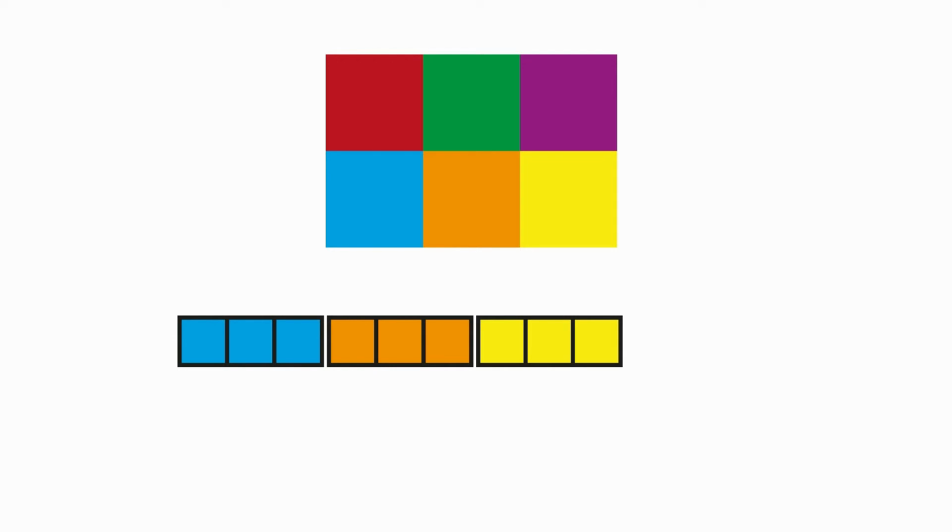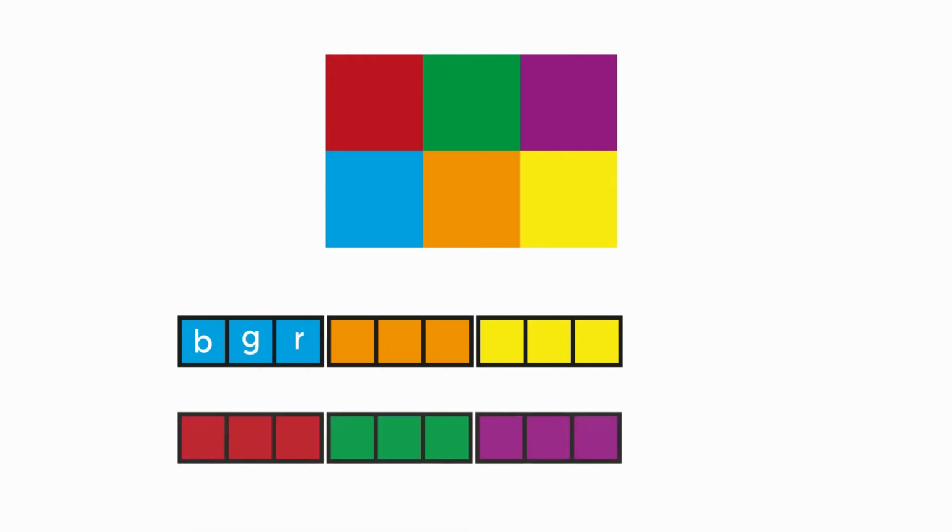Again, each 3-byte group will represent 1 pixel, stored in the order of blue, green, red. And similarly, our second row, the upper row, will also be stored in the same way.